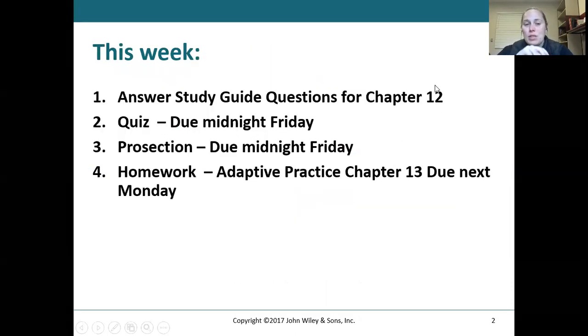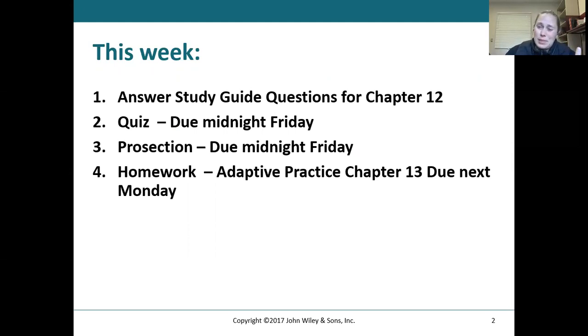Okay, so in terms of the rundown, hopefully you have this rhythm in your mind. Your study guide questions should be due for chapter 12 by Tuesday and Thursday. Your quiz is due on Friday. Make sure you have done your pro section by midnight Friday. There are 3 parts to the pro section.